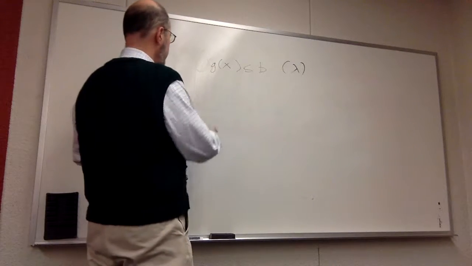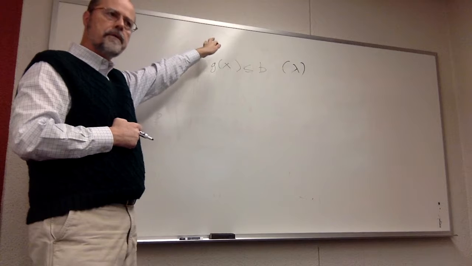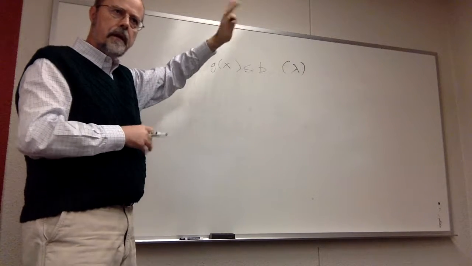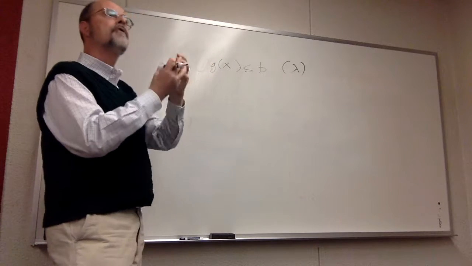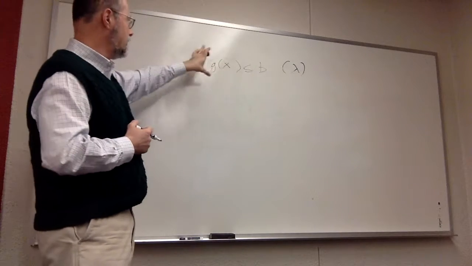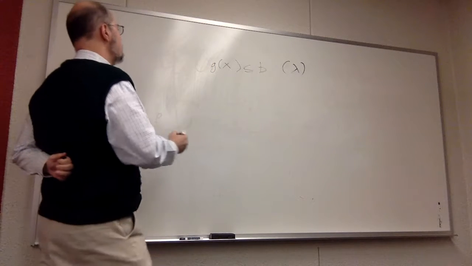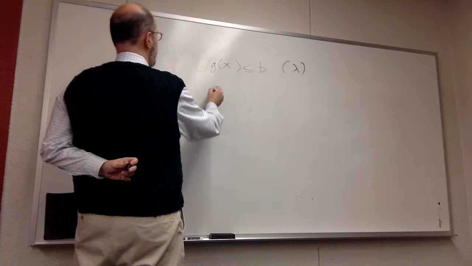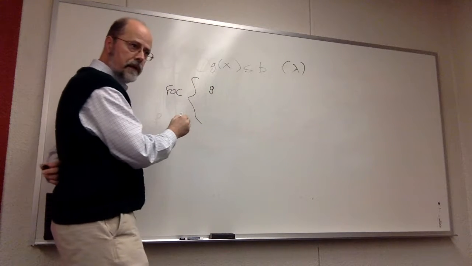Now for this constraint, I'm not going to do the partials with respect to x of the Lagrange function. I'm going to just do the complementary slackness triplet of conditions that goes with this particular constraint. So, first order conditions just for this constraint.